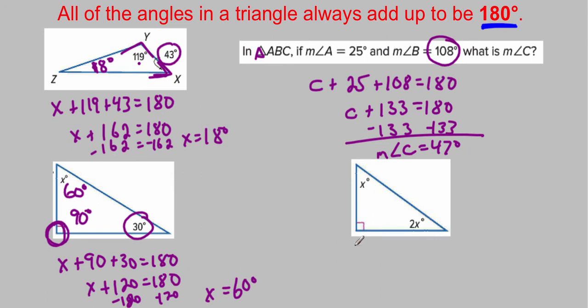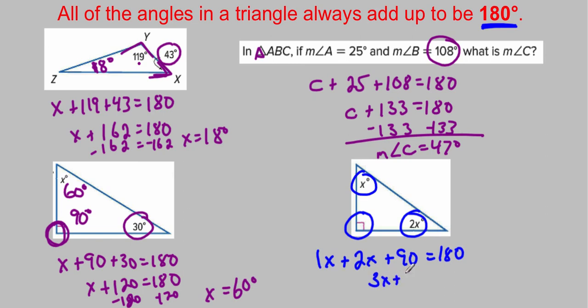Last one, a little different, so I'll switch up my colors, but it's the same idea. Add together all three angles, and they have to be equal to 180. So x plus 2x plus 90 is equal to 180. X plus 2x, well, it's really 3x plus 90 is equal to 180. Subtract 90 from both sides, and I get 3x is equal to 90.